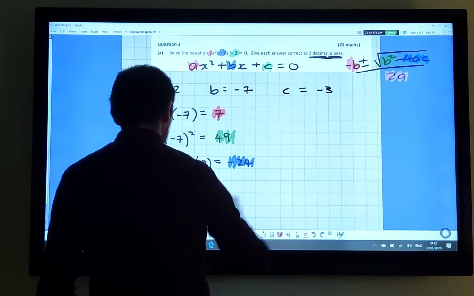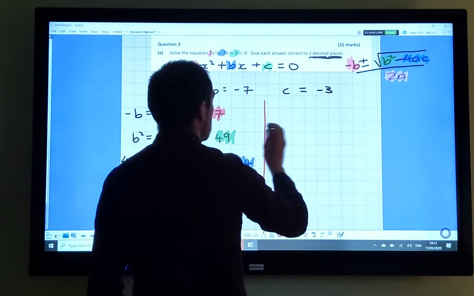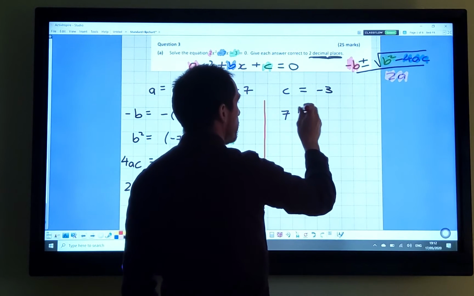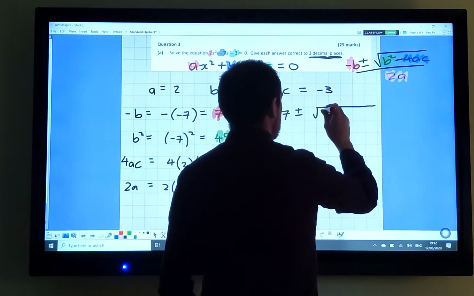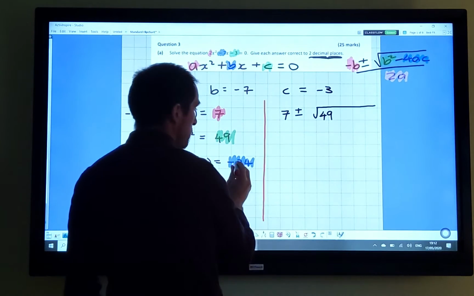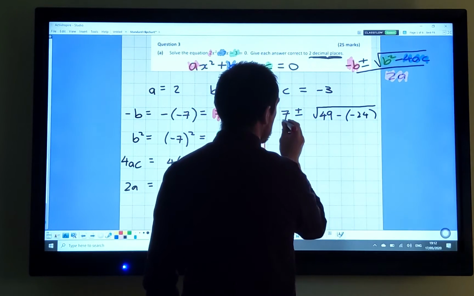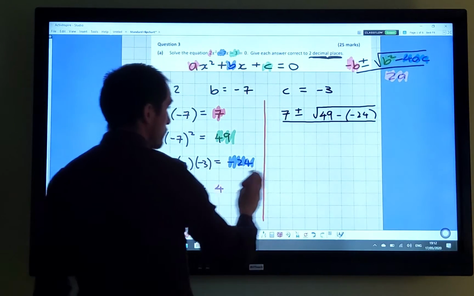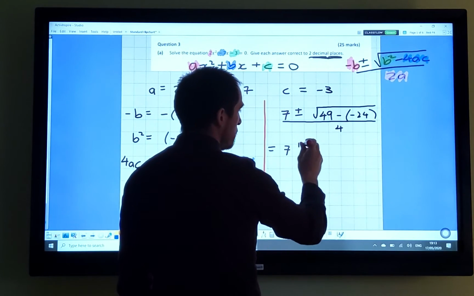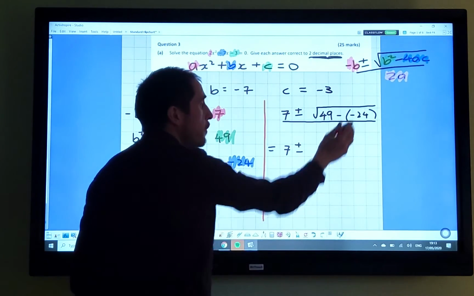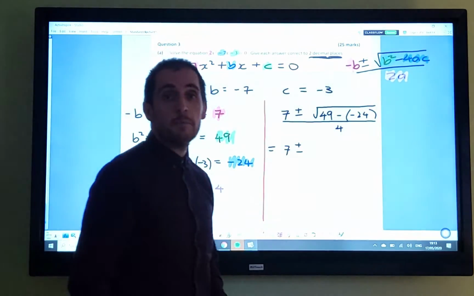So fill it into the formula, so it's going to be minus b, 7, plus or minus square root b squared, which is 49, minus minus 24, and that's going to be all over 2 times a, which is 4. So that's 7 plus or minus, now 49 plus 24, because minus and a minus give you a plus. 2 negatives is a positive.